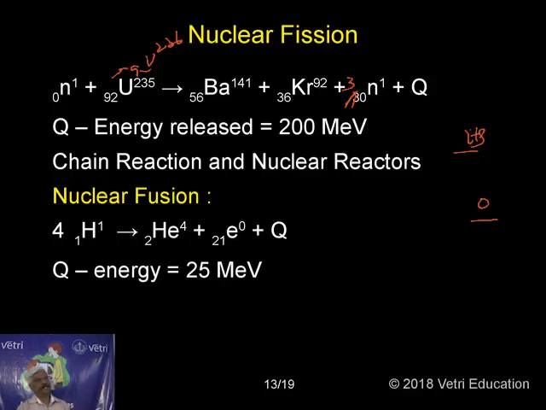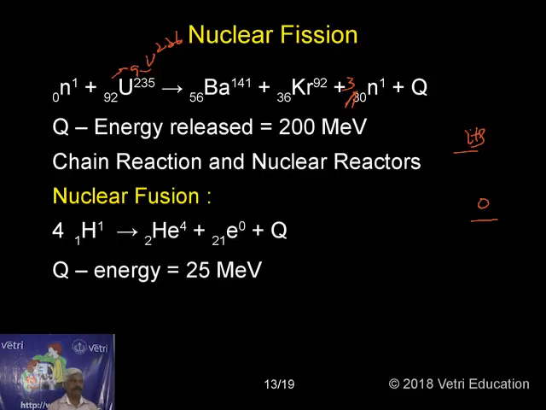So scientists thought, if a large amount of energy is released in each nuclear fission, why use it only for destructive purposes? That energy may be utilized for constructive purposes also, if we control the chain reaction.